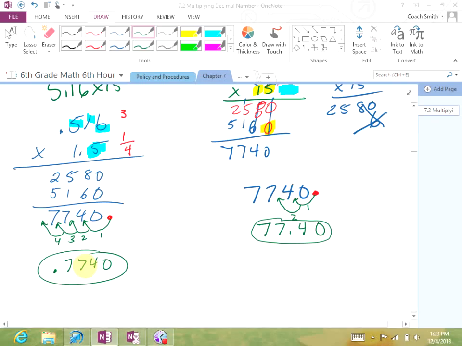Lily, darling? If I took this off, no, that would not be wrong. It can be either way. The book is actually going to show it without the 0. The book is going to show 77.4.